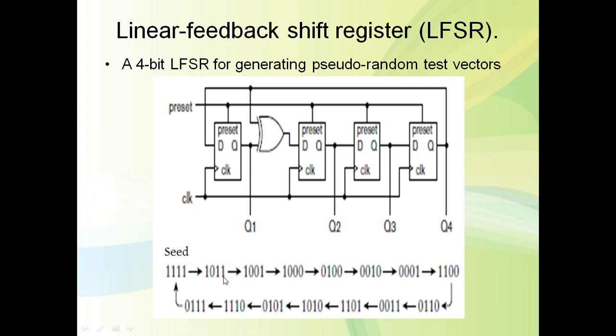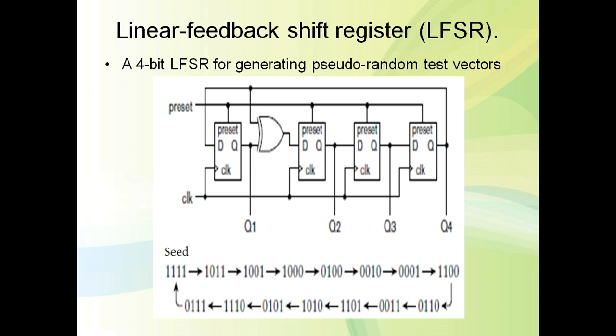For every clock cycle it will generate all the sequences, and lastly it will come back to the original point, 1 1 1 1. If we observe this, all the possible sequences are generated, except 0 0 0 0, which is not generated.